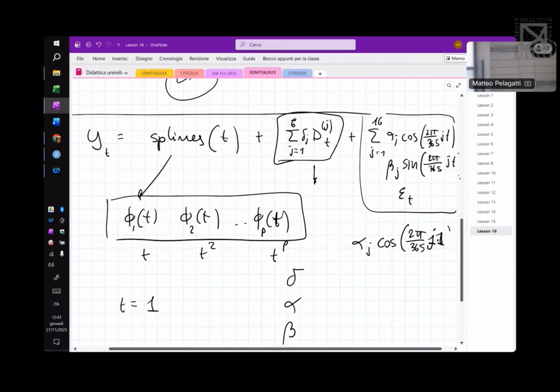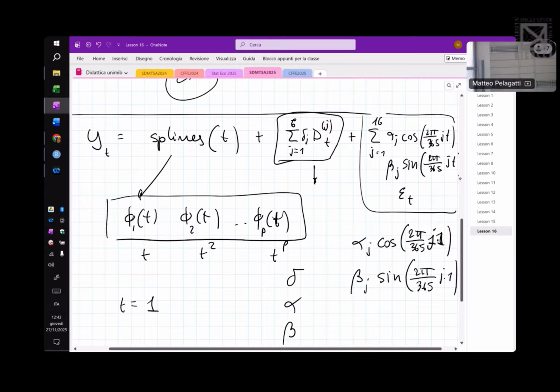Okay. And this, of course, for every j, and this is good for the sine. So this is my strategy to make initial values that are good enough so that the smoother, the Kalman filter, doesn't fail.